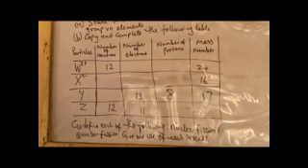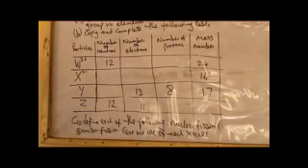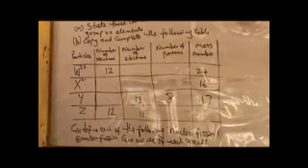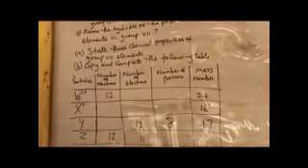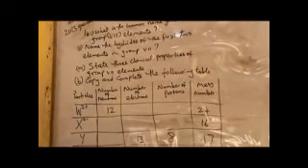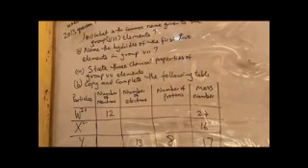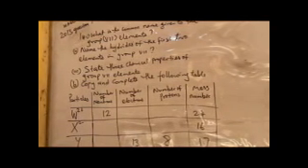Question number 1 says, what is the common name given to the group 7 elements? The second part says, name the hydrides of the first 2 elements in group 7. Number 3, I. State 3 chemical properties of group 7 elements.